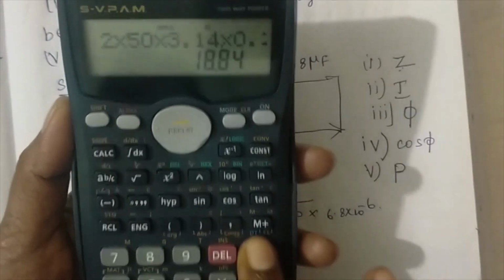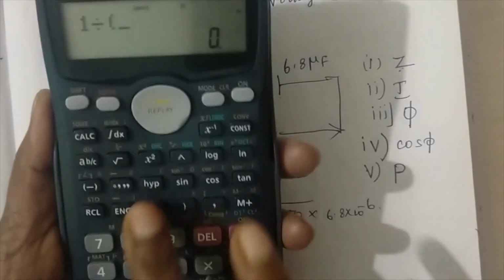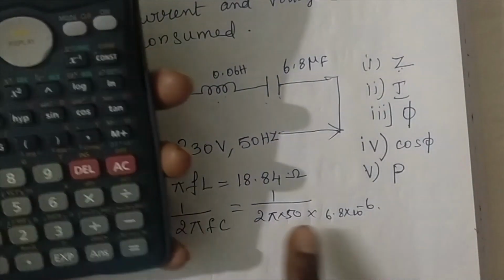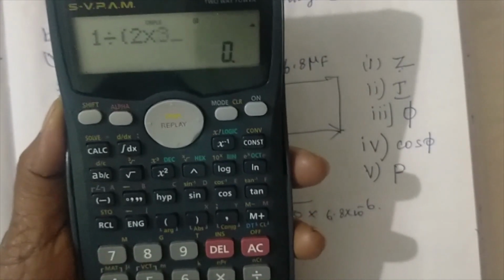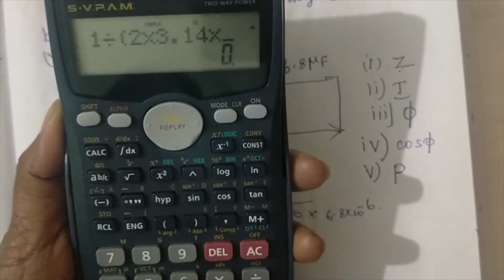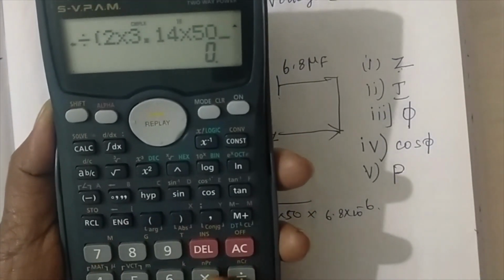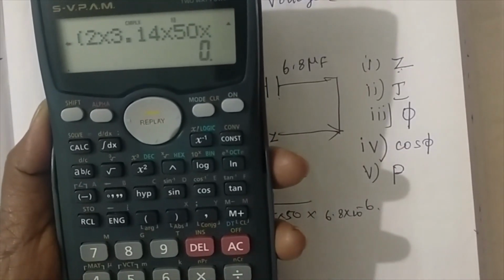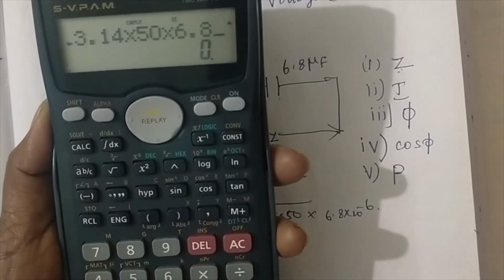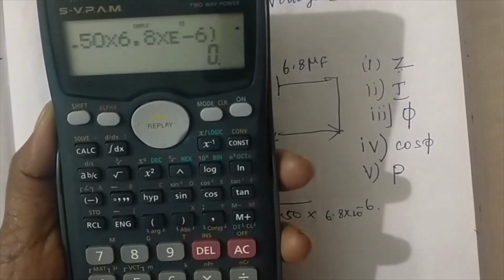So we have to use the calculator: 1 divided by whole bracket 2 pi, pi value is 3.14, into 50 into 6.8 into e power minus 6, close bracket.